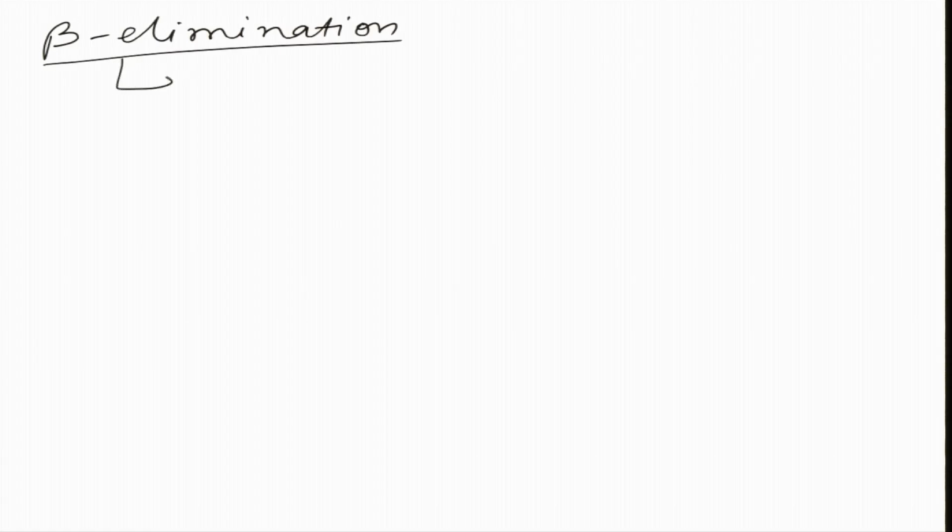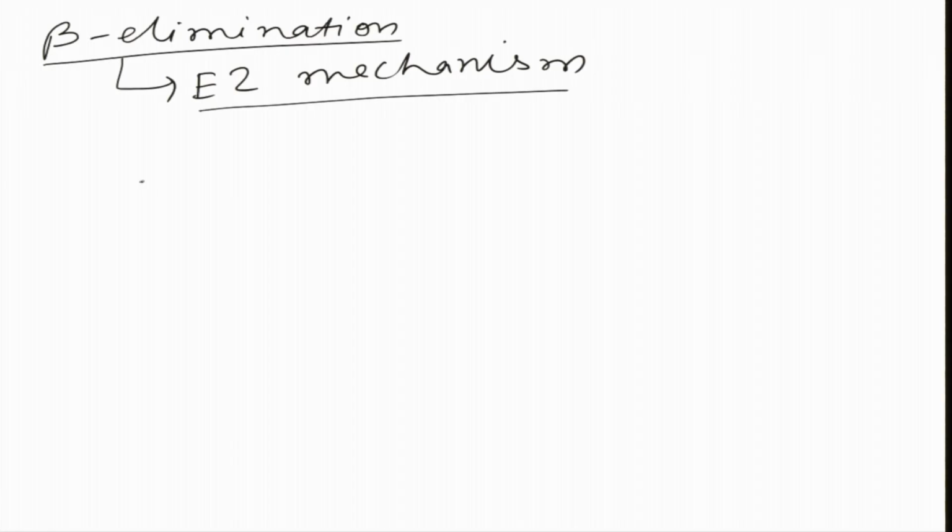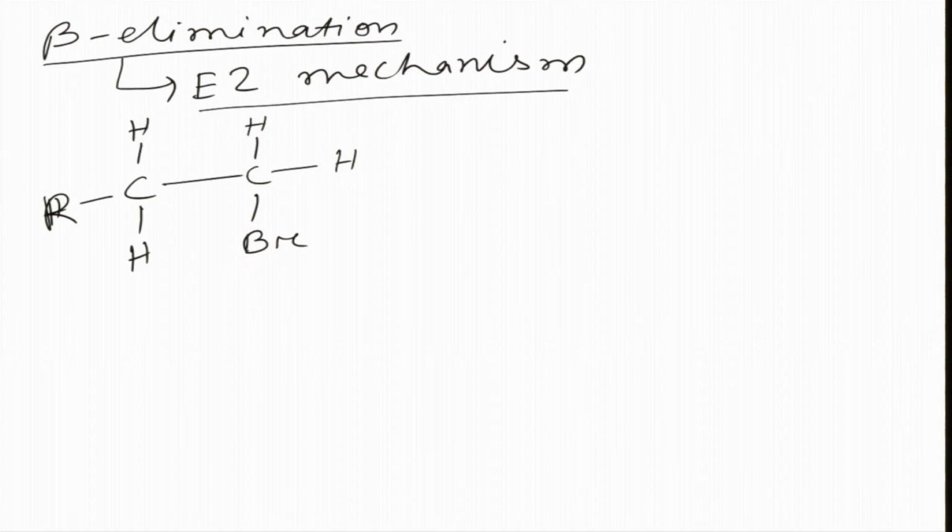So, this is also beta elimination, okay. But in this case it is the E2 mechanism. When we were preparing alkenes from alcohols, we were having the E1 mechanism, but in this case the mechanism is E2. So, this is R, okay.